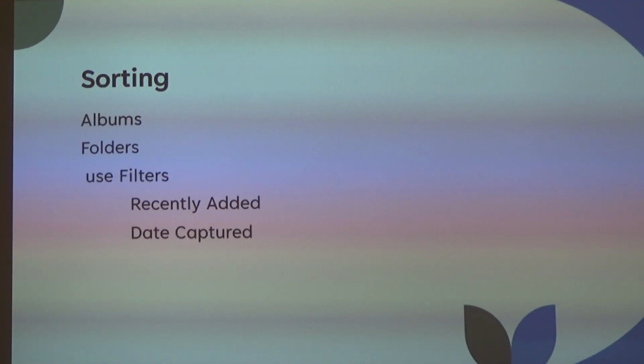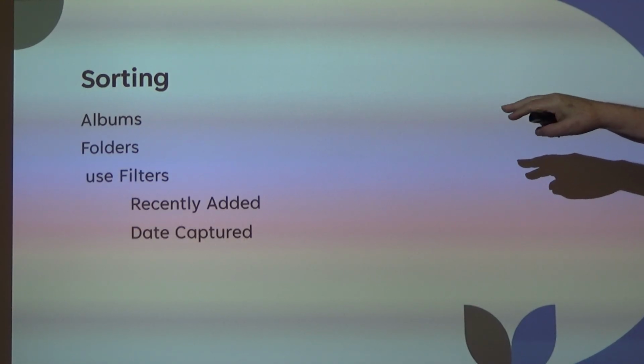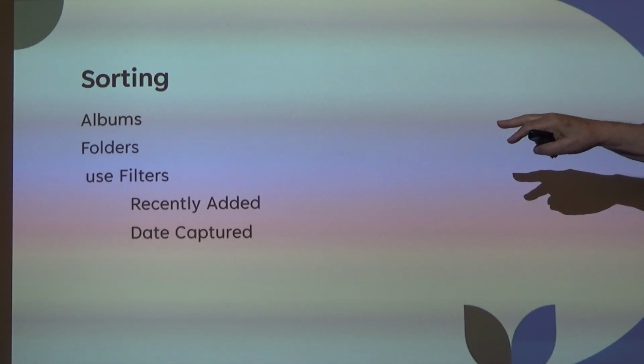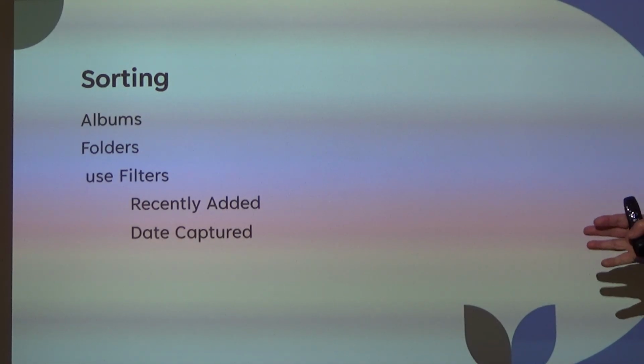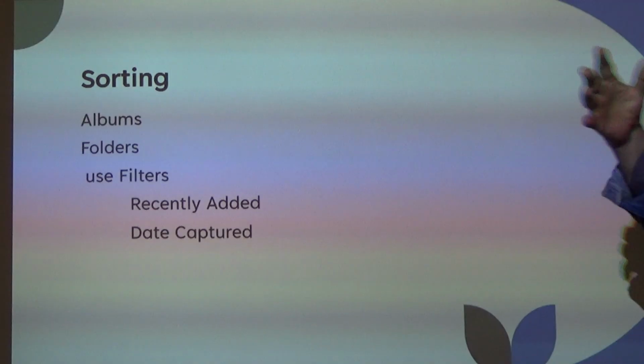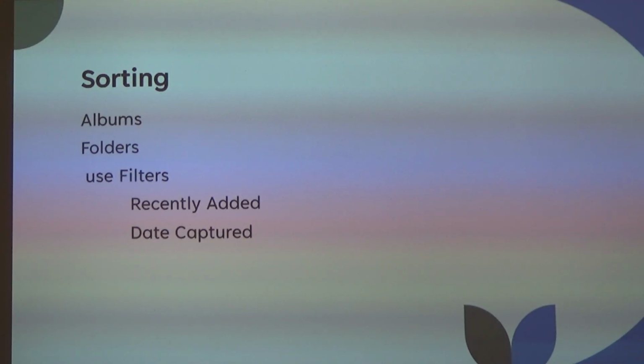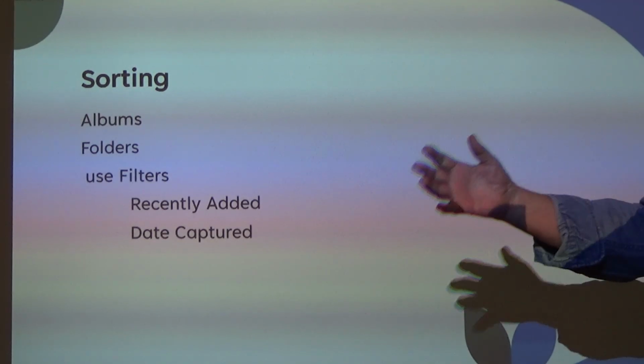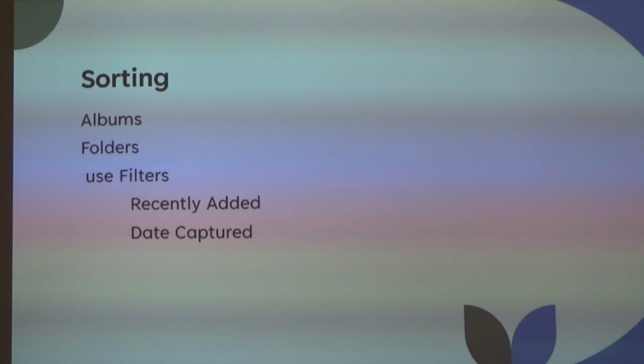And then you have the albums that you create, then you have folders, and it's just like on your desktop computer. You can have a folder and keep stuffing stuff into it. So if you got your bills, you put your bills in there. If you got your medical records, you put your medical records in one folder, so it's easier to find. This is how you organize the photos that you've taken so that you can get to them.